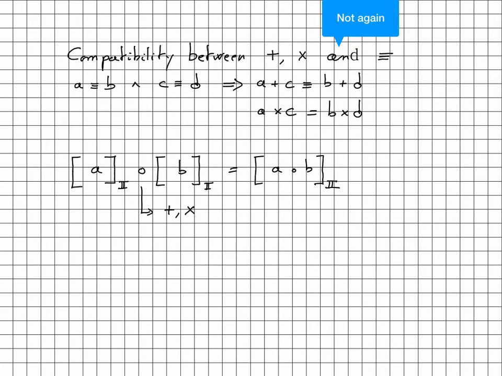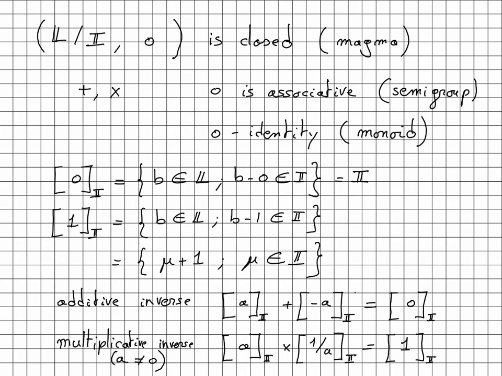Now that we have a new equivalence relation, we need to verify compatibility between the equivalence relation and addition and multiplication. I'm not going to do it, but once you have managed to do that, you can safely define a binary operation, addition and multiplication in fact, between equivalence classes. You can then verify that the quotient set with the binary operation addition or multiplication is closed, that the binary operation is associative, and that we have an identity for each binary operation.